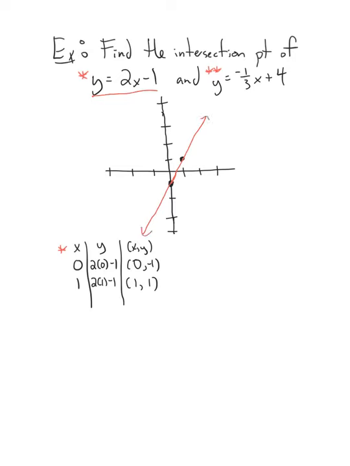For the second line, double star, well, let's do the same thing. Let's pick some x values, calculate the y value, and then say what the point is. So again, we can use whatever values we want. 0 and 1 are always good choices. 0 you can always read off. That's just going to be the y-intercept.